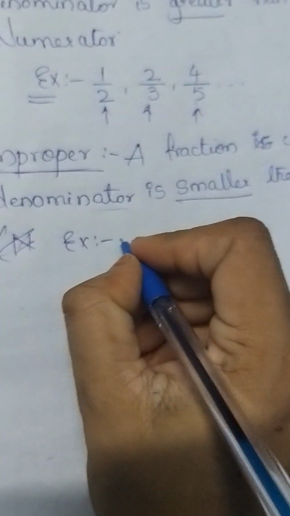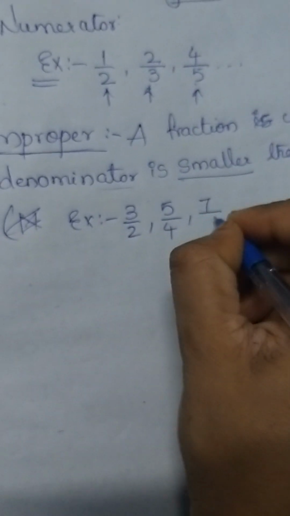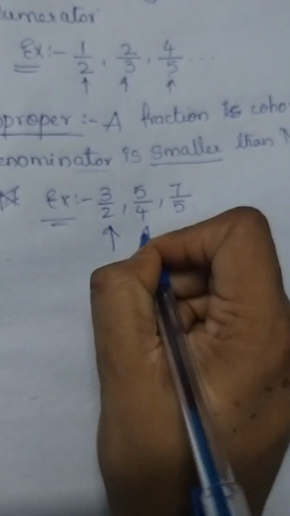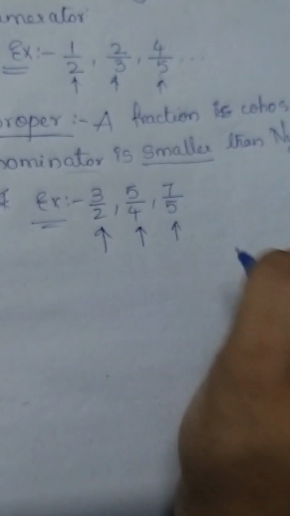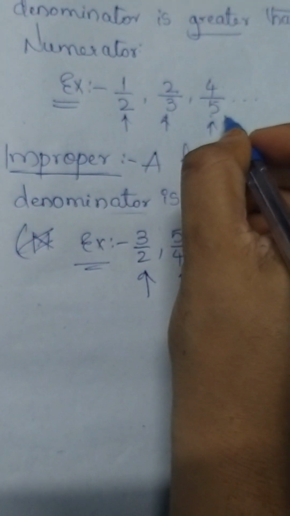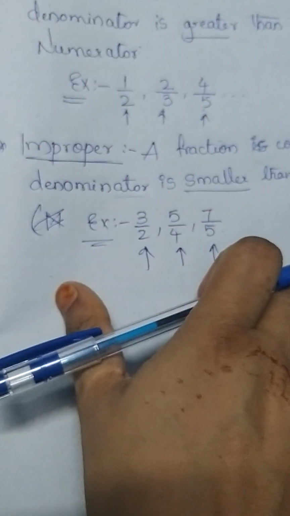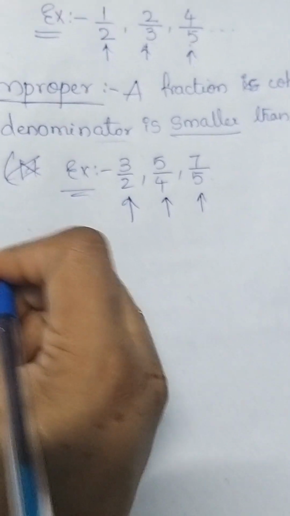For example, 3 by 2, 5 by 4, 7 by 5. See here, the denominator is small. Here 4 is smaller than 5, 5 is smaller than 7. When the denominator is big, then it is a proper fraction. Improper means the denominator is a smaller value. Okay, children, what is now a mixed fraction?